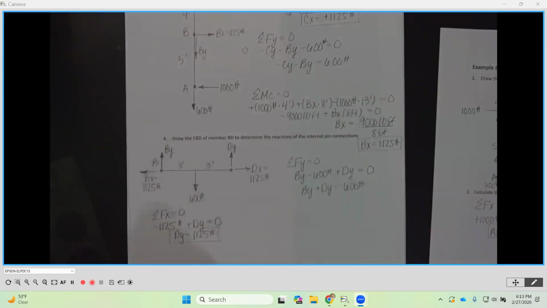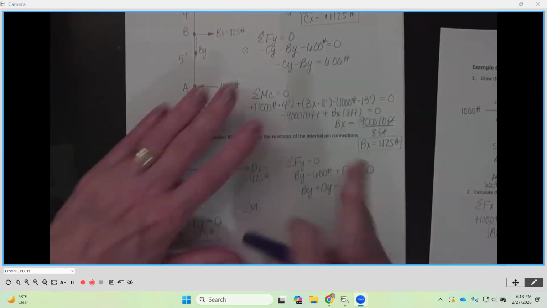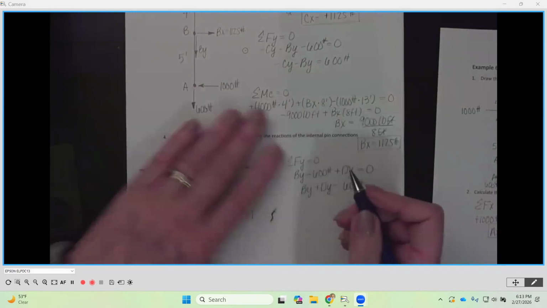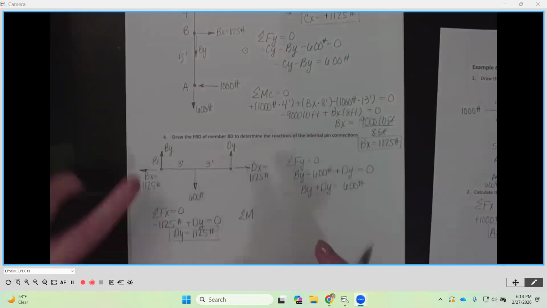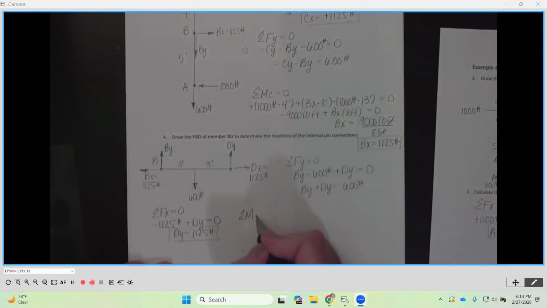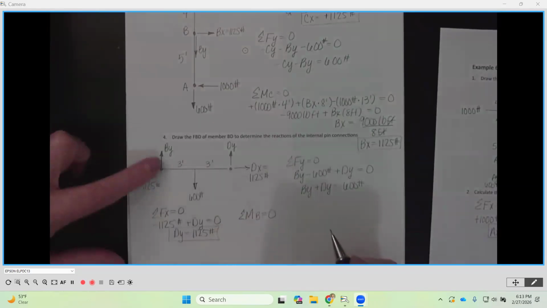All right, we have one more equation of equilibrium, and we have BY and DY. Where do we want to sum our moment around? B. I like B. Yep, that'll take out that one so that the other one will be available to us, and we'll be able to solve for it. So moment around B equal to 0.